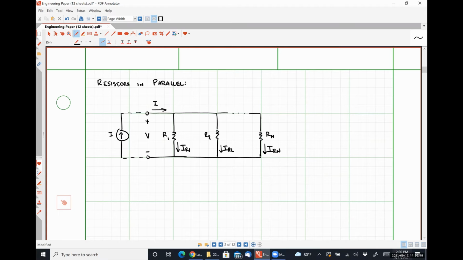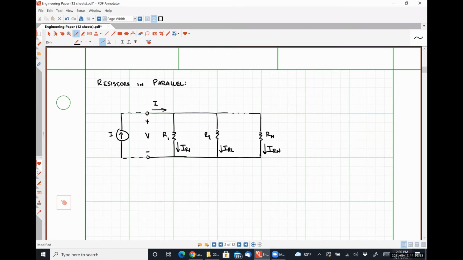So now, if I apply Kirchhoff's current law, I'm going to do the relationship that the current flowing into the top node has to equal the currents flowing out of the top node.